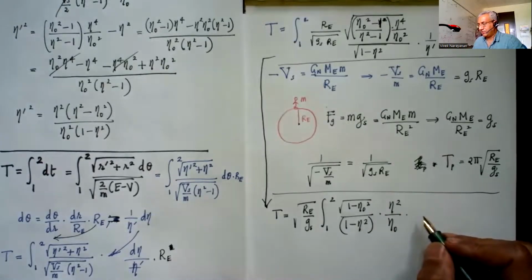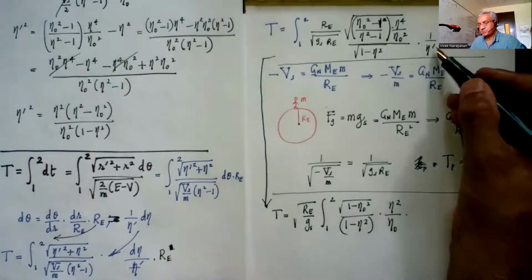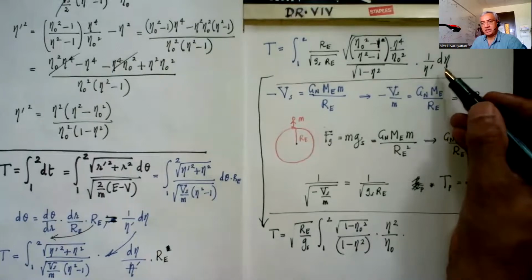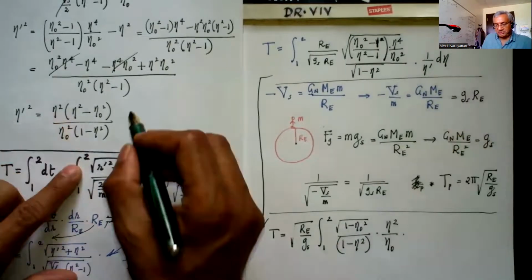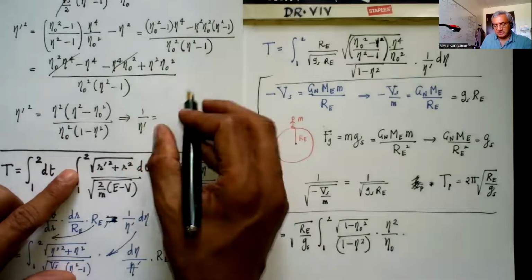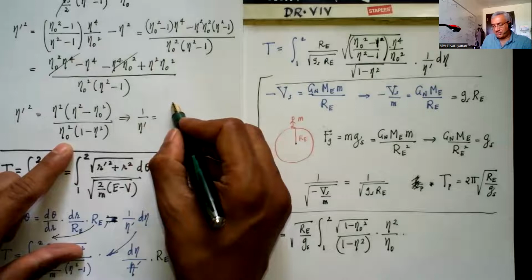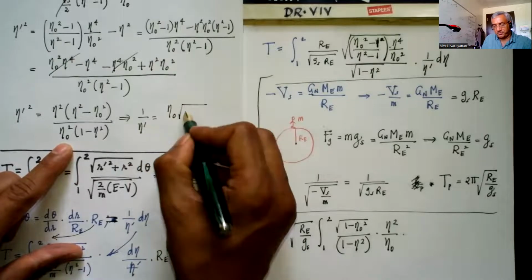Lastly, I have 1 over eta prime d eta. Now, eta prime, that's where I'll use this. So this tells me that 1 over eta prime, let's just do this, is going to be the numerator and denominator interchanged and the square root taken.